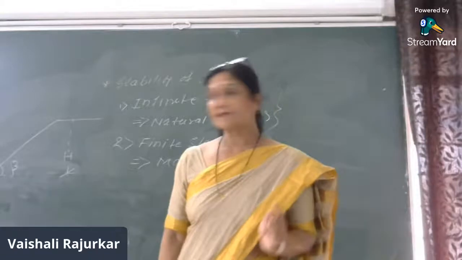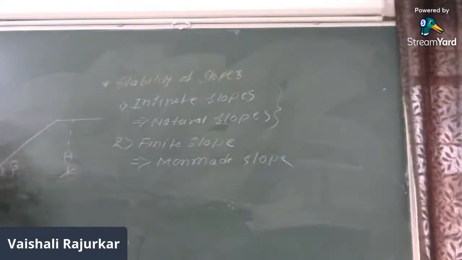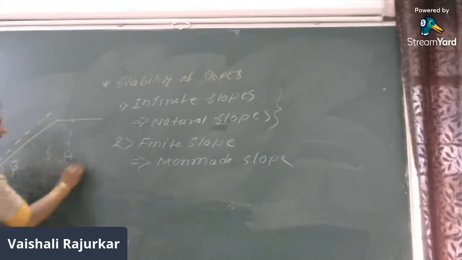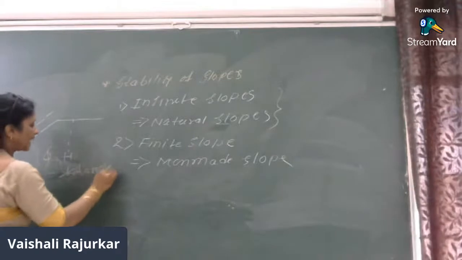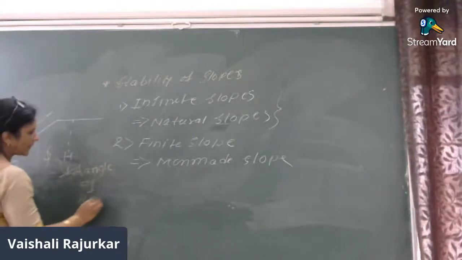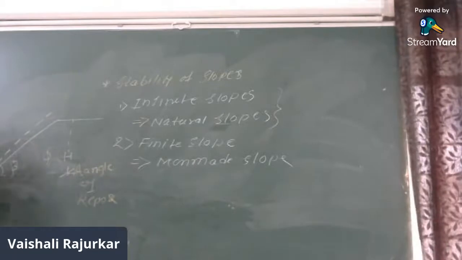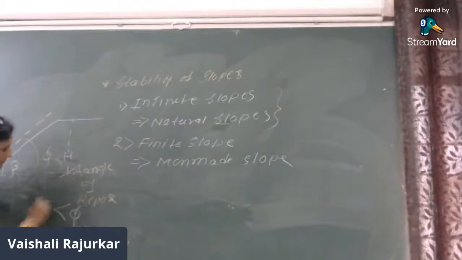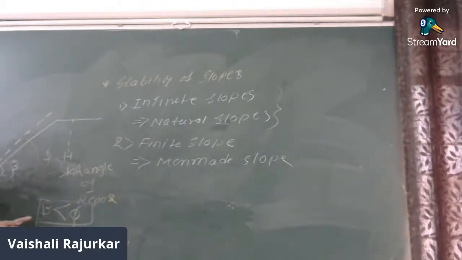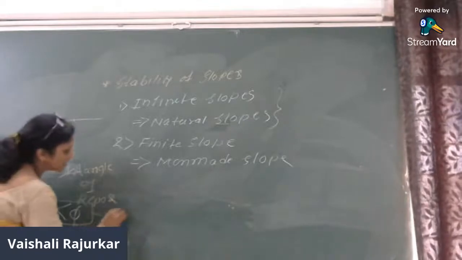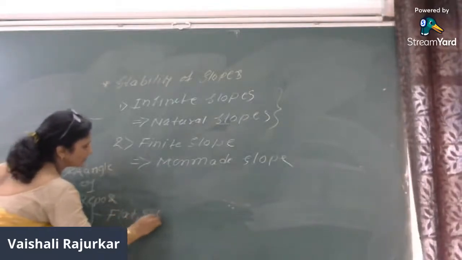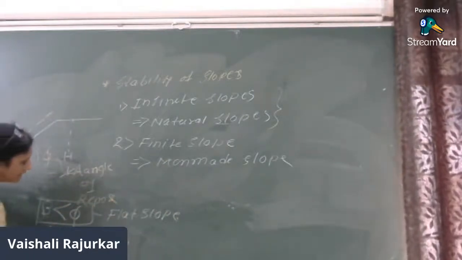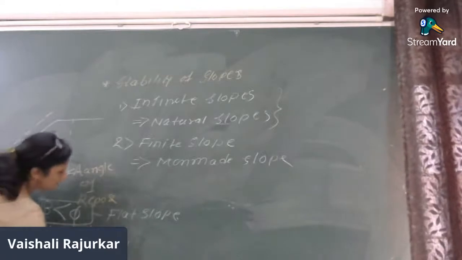For a stable slope, beta is less than phi. This phi is the angle of repose. When beta is less than phi, it is called a flat slope. And when beta is greater than phi, it is called a steep slope.